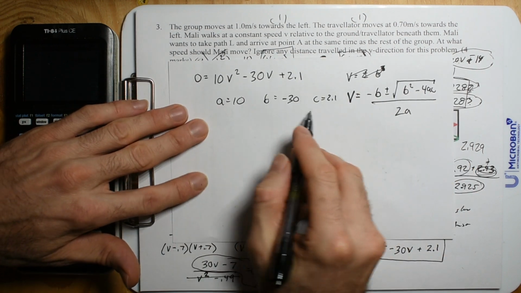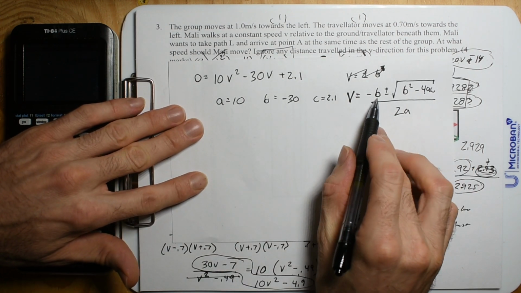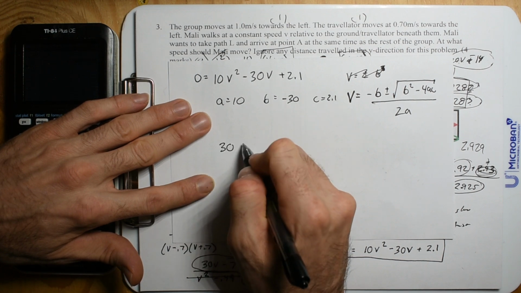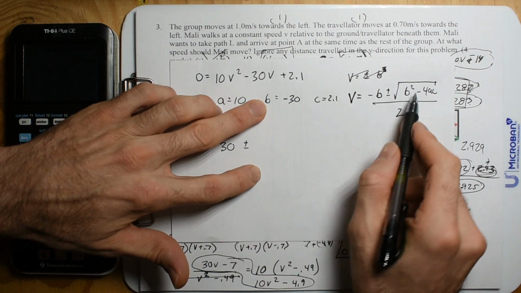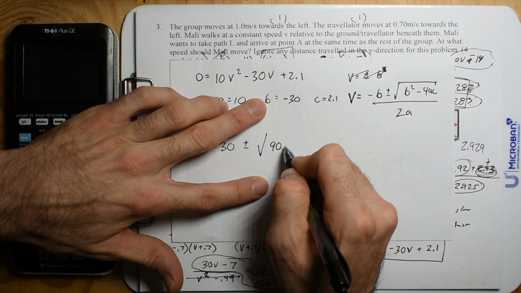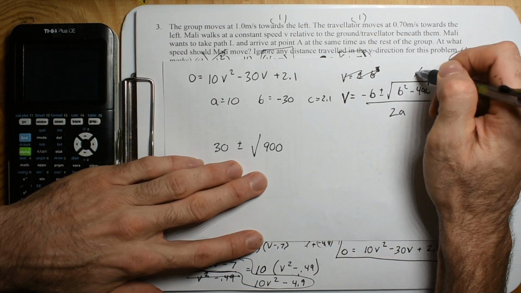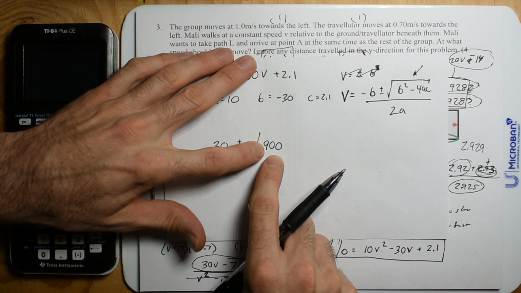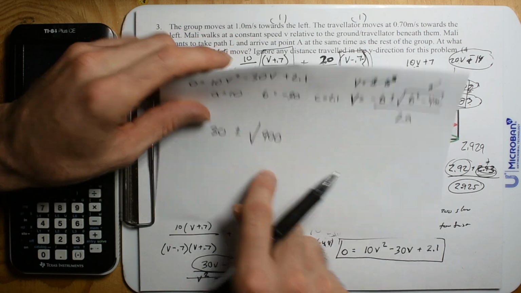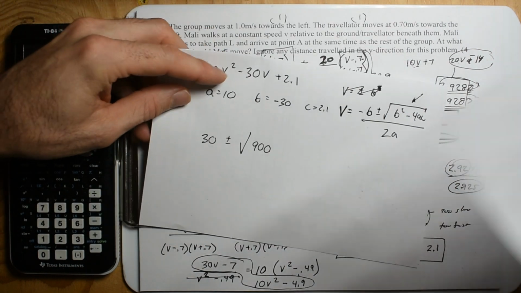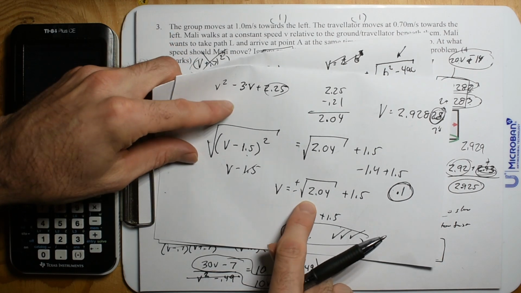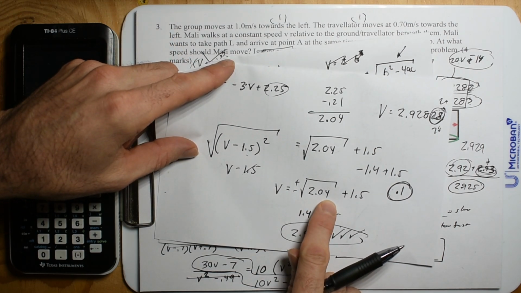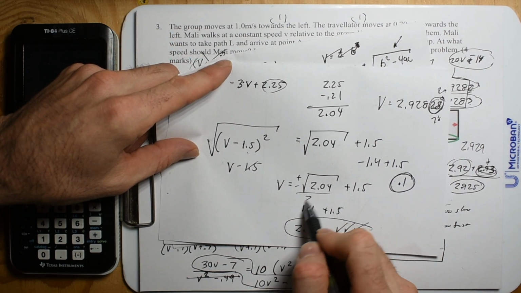And so let's throw this in. So our negative b is going to be 30 plus or minus b squared, which is going to be 900. And that's the other thing. This form of the quadratic equation makes your numbers huge. We already have the square root of 900. Where over here, look at what we had. We had the square root of 2.04, because we didn't divide by 2a.